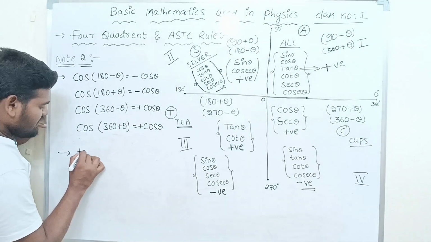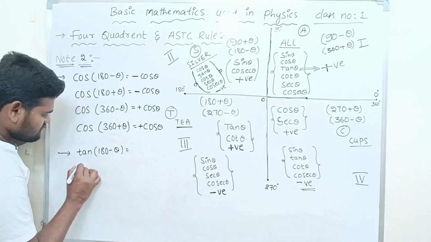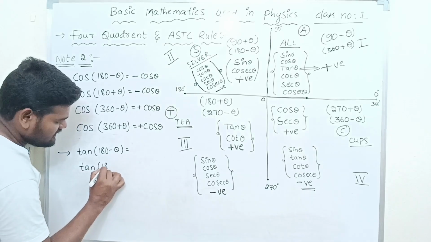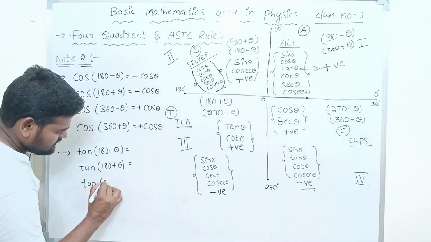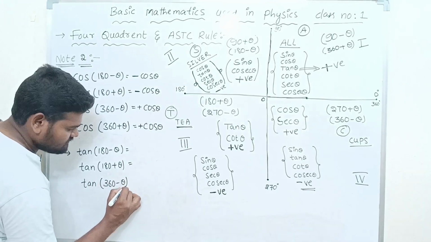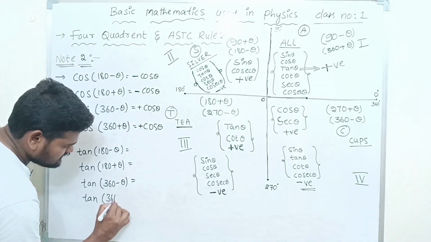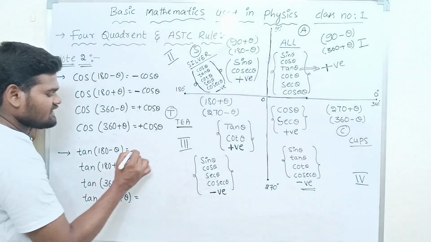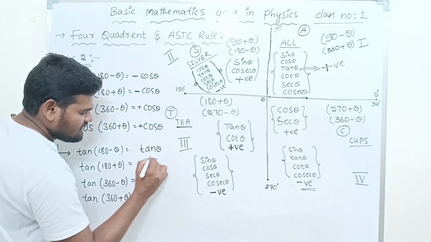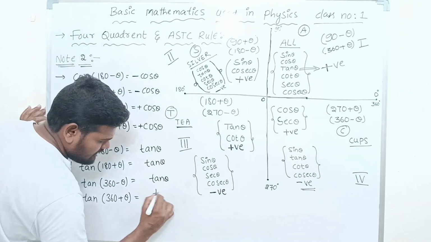Tan of 180 minus theta, tan of 180 plus theta, tan of 360 minus theta, tan of 360 plus theta. So at 180 and 360 degrees, tan remains tan theta, tan theta, tan theta, and tan theta.